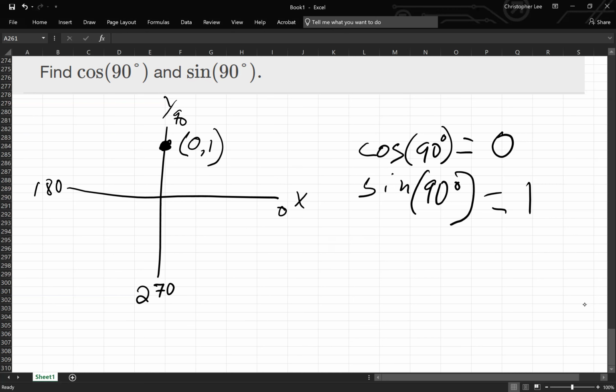That's it. That's all I'm asking you about. The x coordinate is cosine 90 and the y coordinate is sine 90. All I want is 0 and 1. And there's two of them.